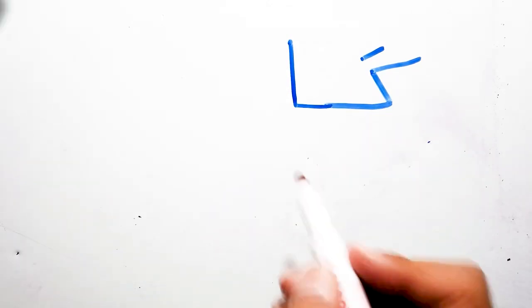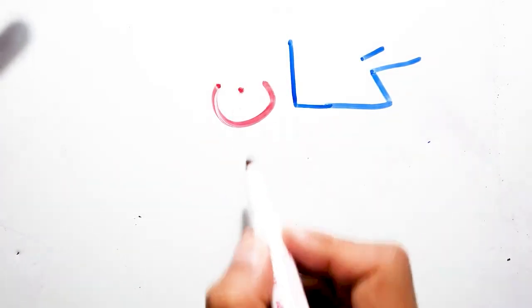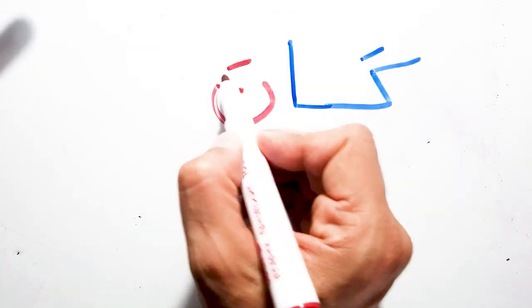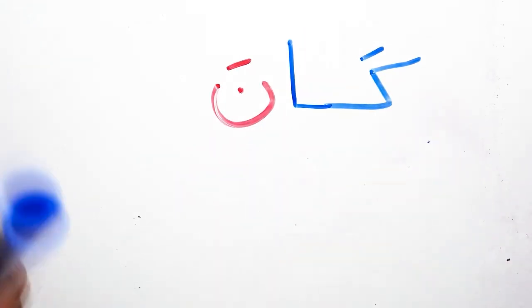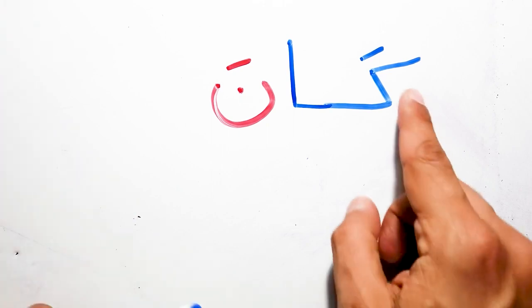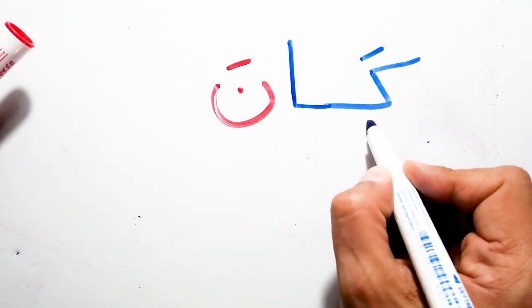We have the sound of N. This letter has the sound of N. When I add this mark on the top, it will be N. K N. Okay. Let's write it in English. So this part is K. I'm gonna write it one by one.